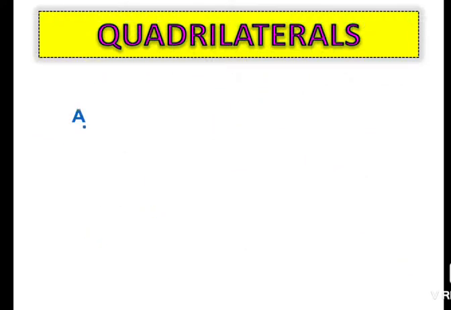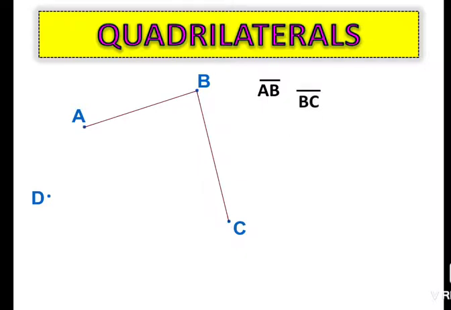Next, here you can see point A, point B, point C and point D. That is 4 vertices. Then AB, we join from A to B, that is line segment AB. Then BC, line segment BC. Then CD, line segment CD. Then line segment DA. What are these?